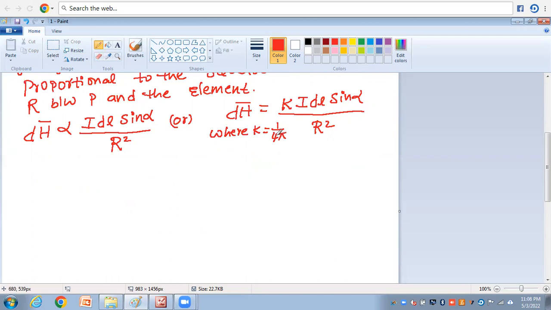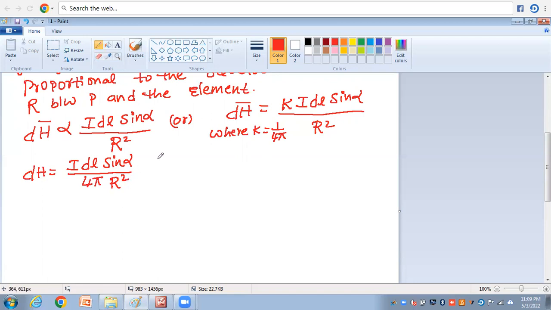Now this is the final expression: dH equals I dl sine alpha, the product of the differential current element and the sine of the angle, over 4 pi R square.